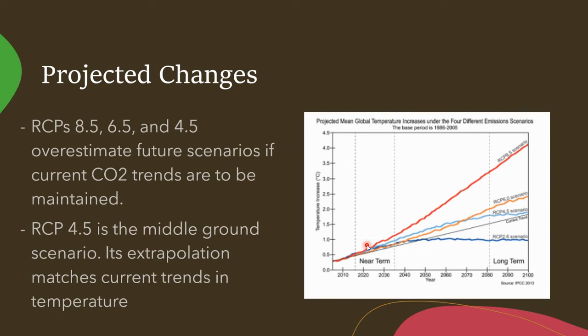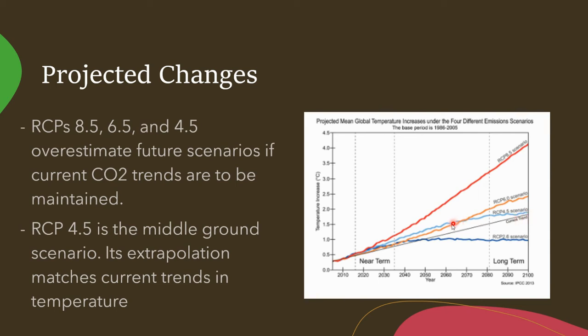So, projected change. This is the projected mean global temperature increase under the 4 different emission scenarios. Let me see if I can zoom this picture. Okay, you will get these things in the lab as well. Right now, if we continue this current trend, by the end of this century the temperature would increase by about 1.5 degrees Celsius.